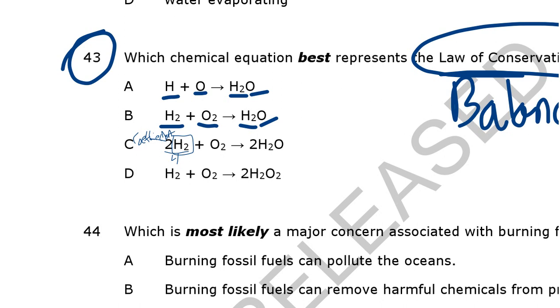So if I have two molecules and each molecule has two hydrogens, that's a total of four hydrogens. All right, I have two oxygens, four hydrogens, and I have 2 times the invisible 1, okay? So that's 2 hydrogens total. All right, is that balanced? I have 2 hydrogens, 2 oxygens, 4 hydrogens, and 4 oxygens. So is that balanced? Okay.